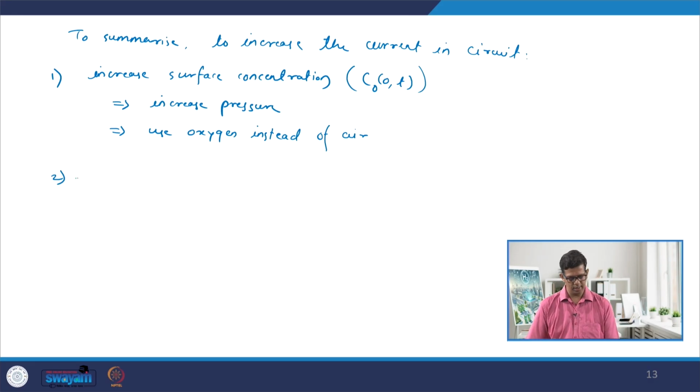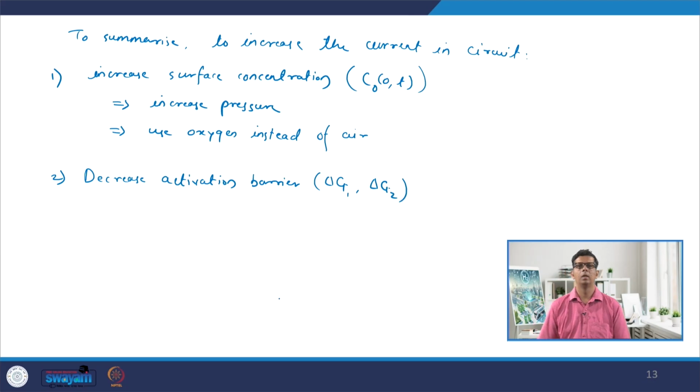Second case is you have to decrease the activation barrier. So, which is your delta G1 and delta G2 for the respective reactions, whether it is a forward reaction or reverse reaction at the respective electrodes, that has to be decreased.